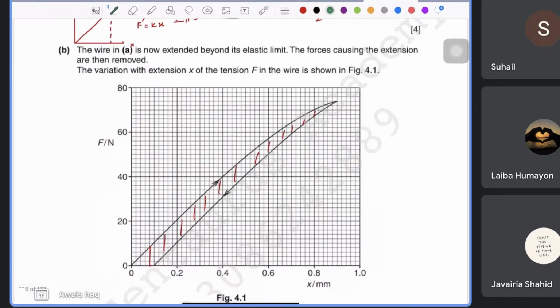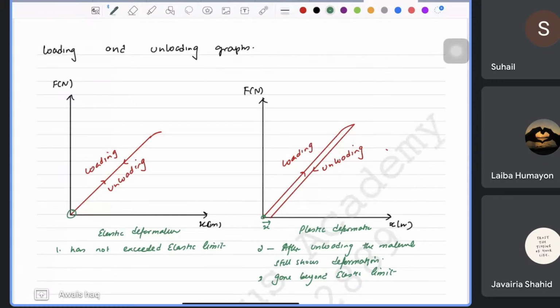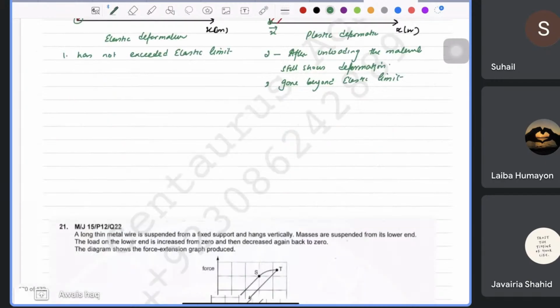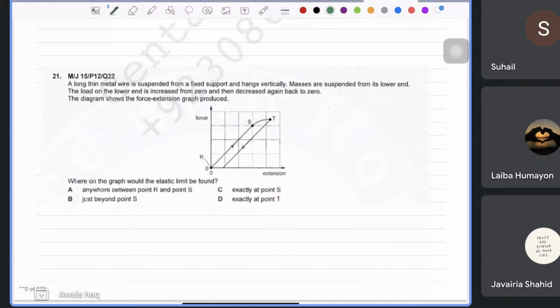For a material, it is not always 100% okay to follow Hooke's law, but there will always be a point after proportionality that shows the elastic limit. Anyway, for a question like this, it says a long thin metal wire is suspended from a fixed support and hangs from so on. Where on the graph would the elastic limit be found? Can you please tell me that?